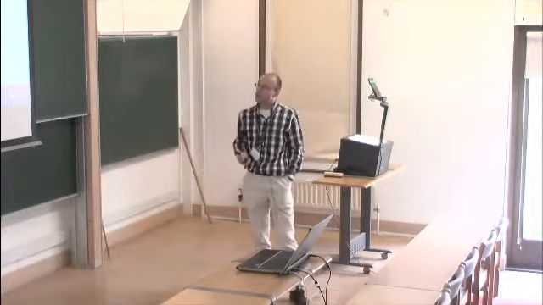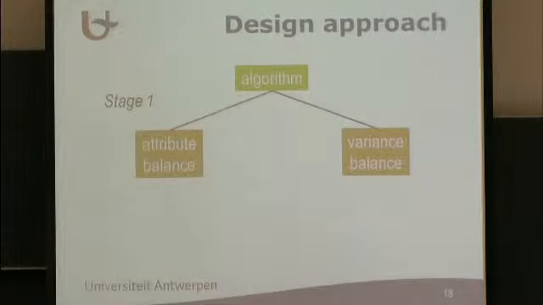And here you can see the two different approaches for the first stage, for the determination of the constant attributes. There we have an approach we call attribute balance, and the alternative approach we have is variance balance. And I will construct designs with both approaches. I will explain in a minute what exactly these approaches are.